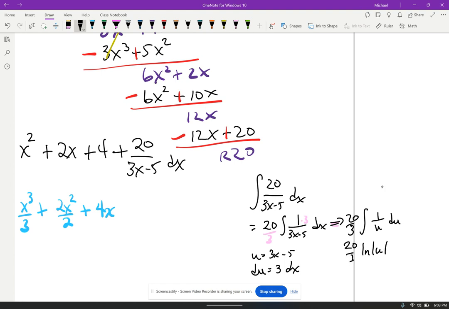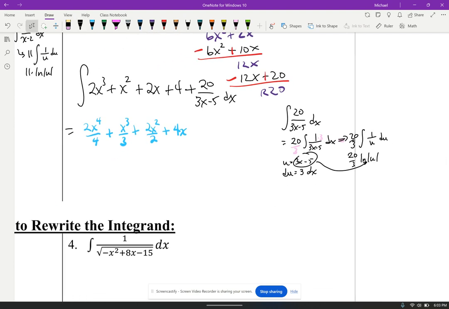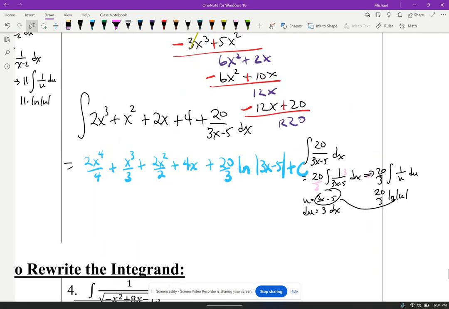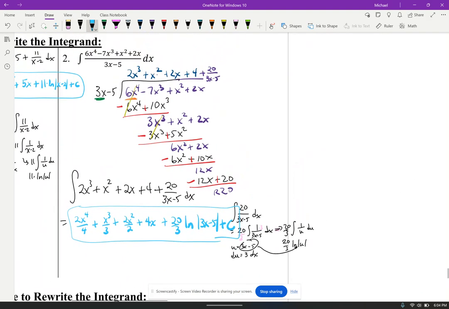And then I can put this whole thing back in there, so that my last piece here is plus 20 thirds natural log of the absolute value of 3x minus 5, plus c. This is the antiderivative of the original rational function that we started with on number 2.